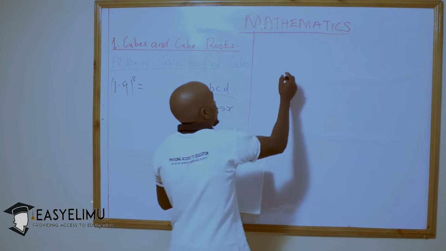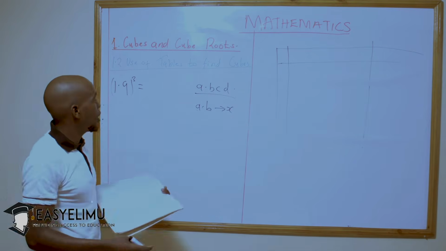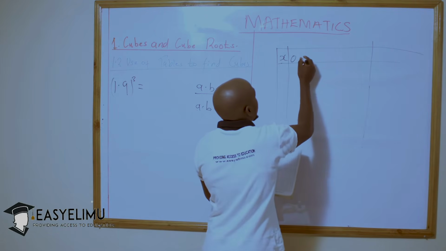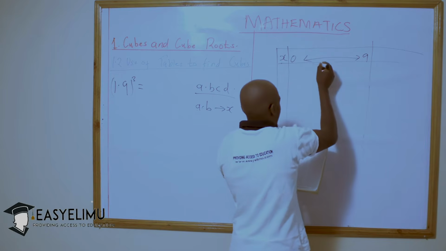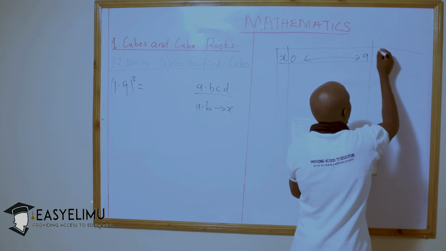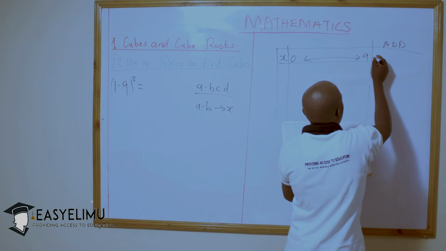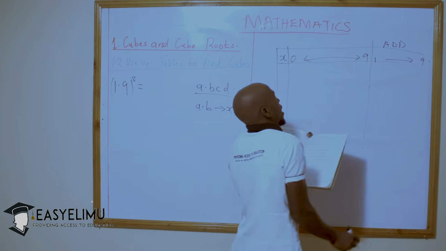Let me write here for easy vision. The mathematical table for the cubes looks that way. So we have x here, then 0 to 9 is located in between here. And then we have a column of add, and this one is from 1 to 9 with some numbers there.